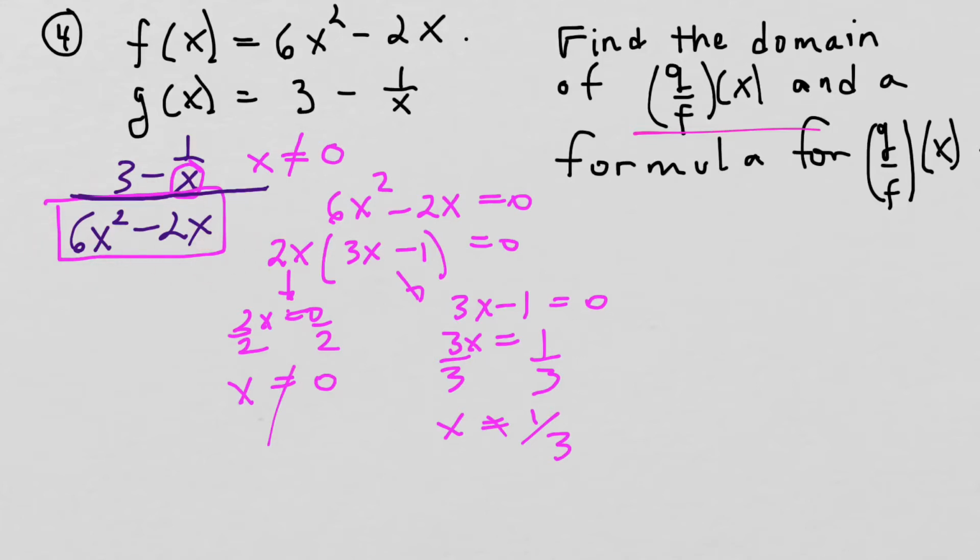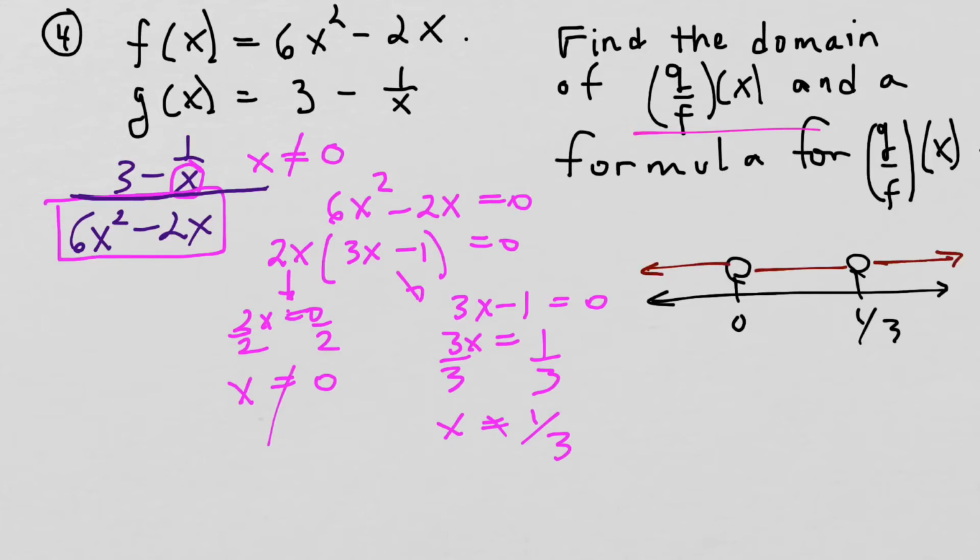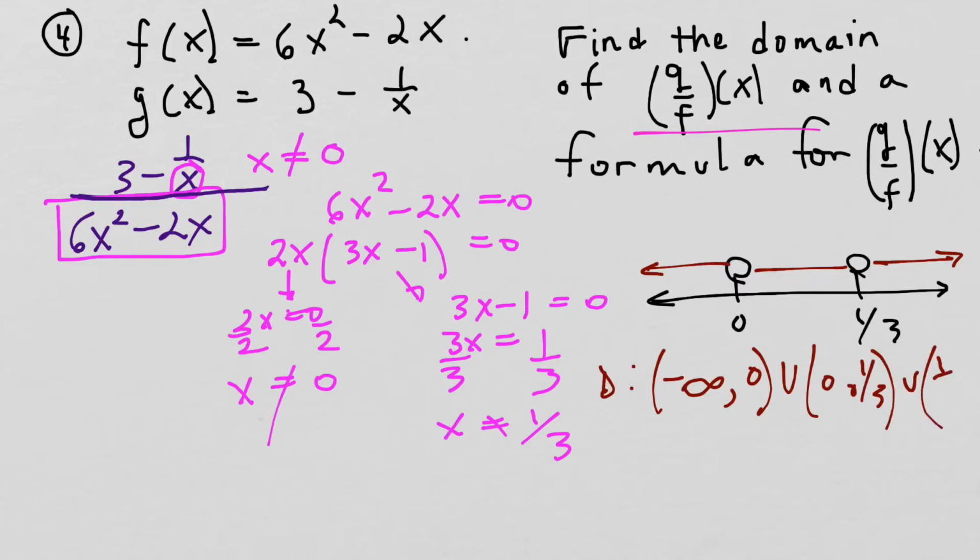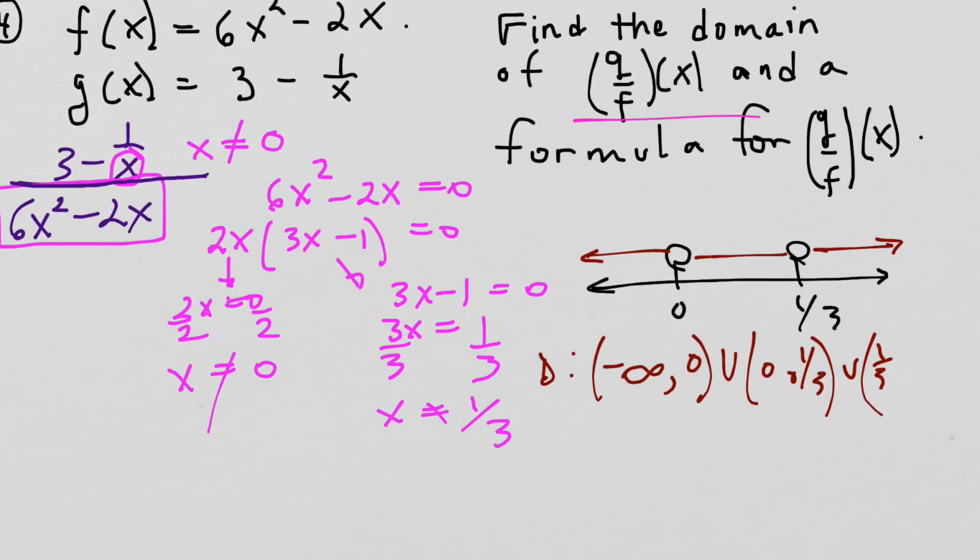So if I put that on the number line, I've got a no for 0, empty circle, and a no for 1/3. So those two numbers have to be taken out of the domain. So if I'm going to write my domain, I've got negative infinity to 0, union 0 to 1/3, union 1/3 to infinity.